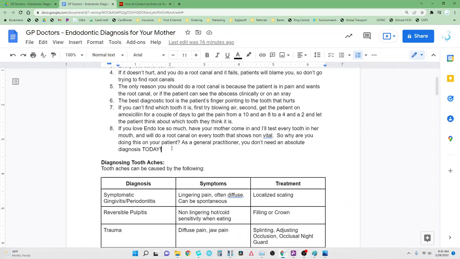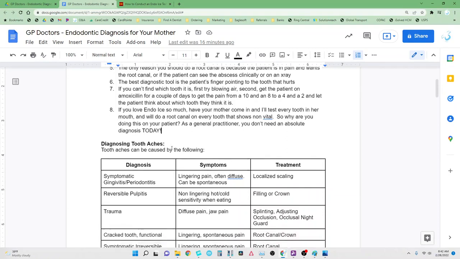It's very similar to a patient who has 2 scratches on their arm and you say, let me figure out which one is hurting worse. I'm going to put salt on wound number 1 and then salt on wound number 2. It's the dumbest idea in the world. Don't use endo ice. It's only going to make your patients mad.